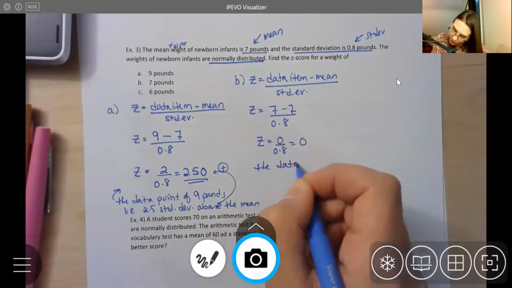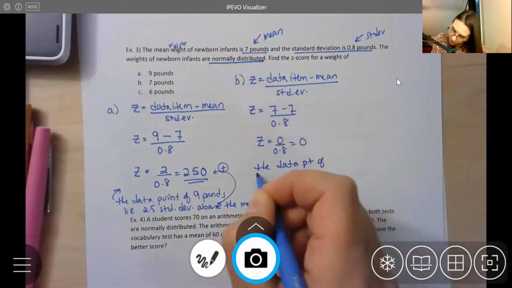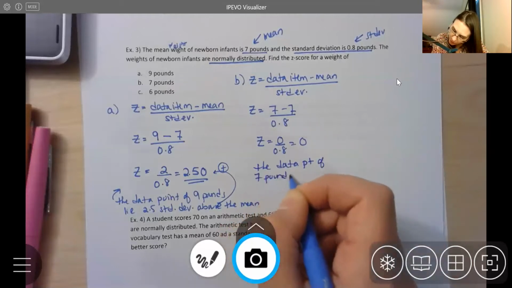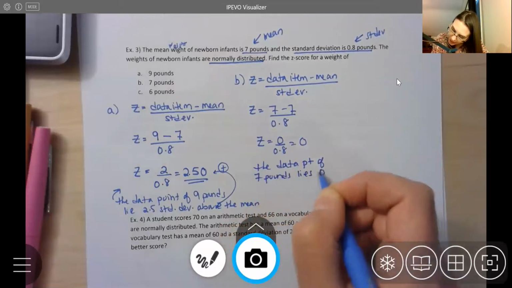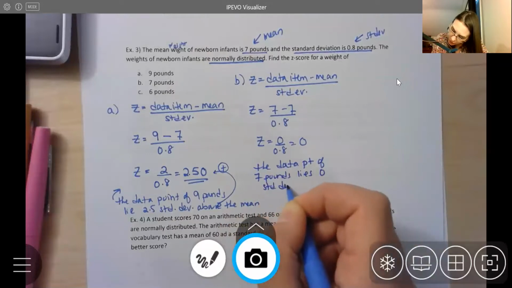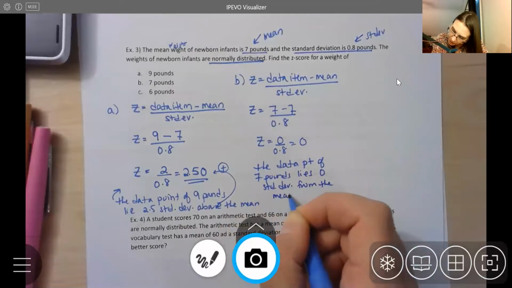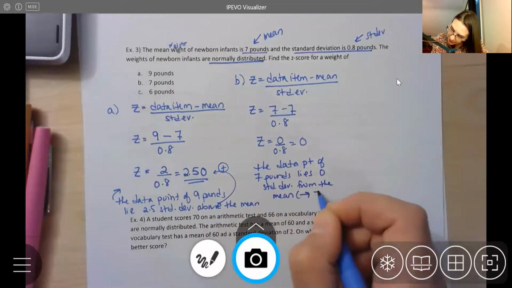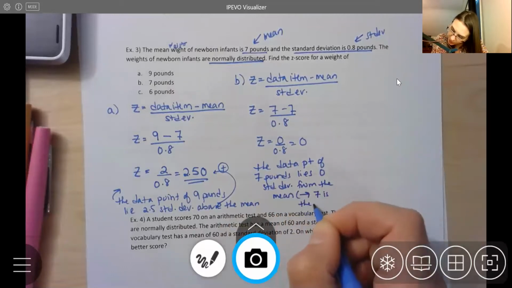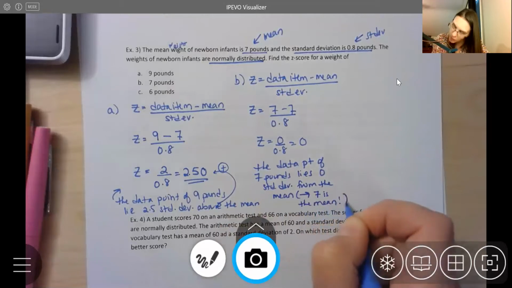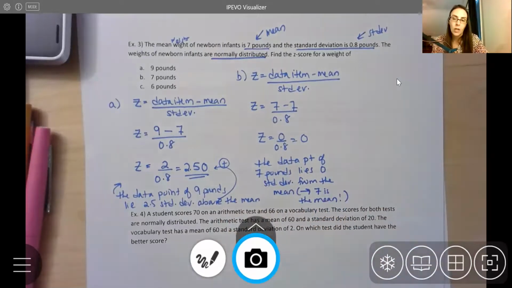So the data point of 7 pounds lies 0 standard deviations from the mean. And what that means is that 7 is the mean. That's why the answer is 0. So if your data value is actually the mean, you're always going to get a 0 there because it doesn't deviate from the mean at all.